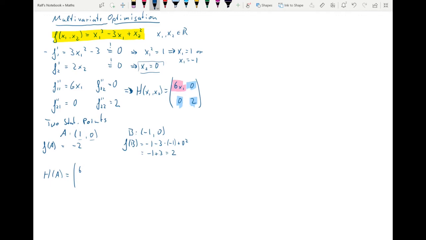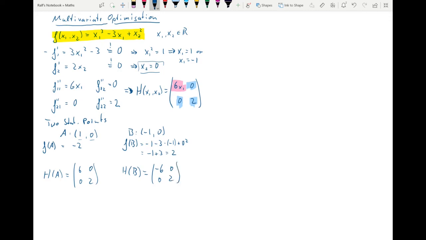So that's 6 times x1, and for our point A that is just 6. And the rest is the same: 0, 0, 2. Let's write down the Hessian for B before we continue. The Hessian for B is 6 times x1, so that is negative 6, and then 0, 0, and 2 here.